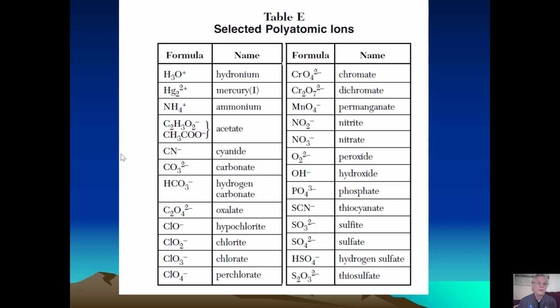I often tell people to say it out loud in the privacy of their own room. H3O plus is hydronium, Hg2 plus is mercury 1, and so on. Just so that you hear yourself say it so that it triggers a response. This is the table I should be going to, table E. 3 or more elements in a compound, this is the table to go to.